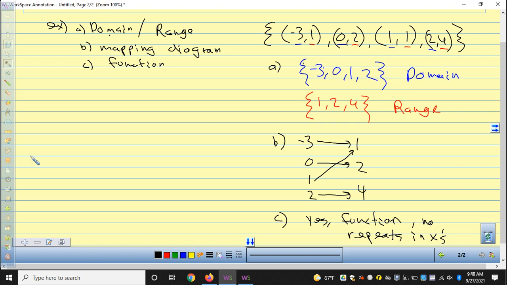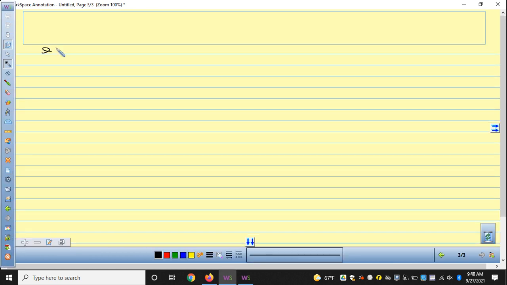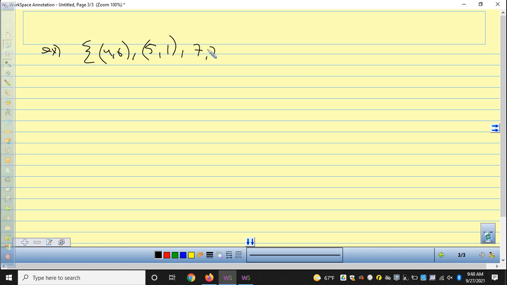All right, let's look at another one. The next example. This time my points are (4, 6), (5, 1), (7, 2), and (5, 2). What do we see right away? I have a (5, 1) and I have a (5, 2).